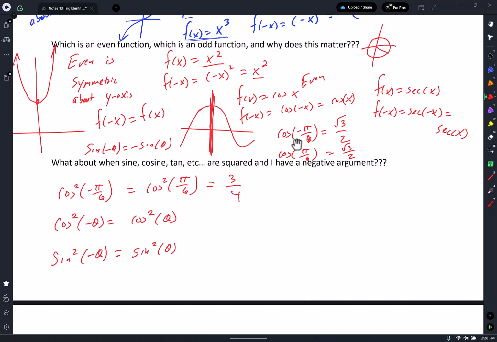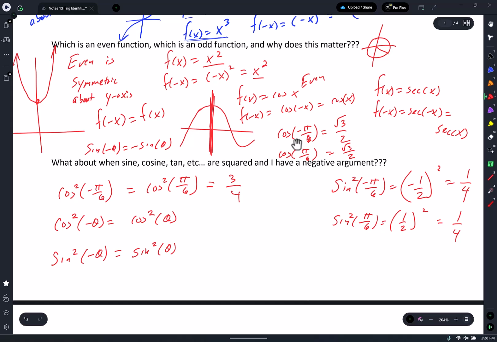If I write sine of negative pi over 6, I get negative half. Sine of pi over 6 is a positive half. But if I put a square, I'm squaring this, and I get 1/4. If I put a square right here, I'm squaring that, and again I get 1/4. So it doesn't matter.